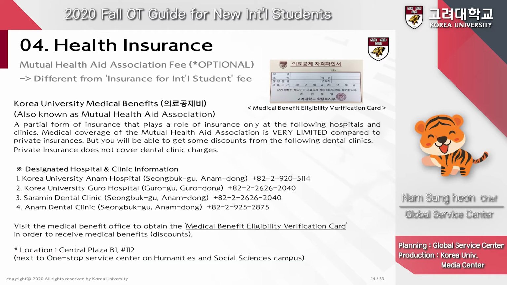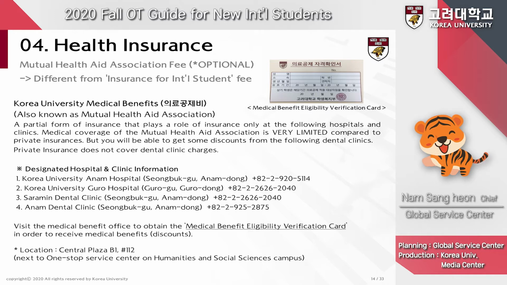Keep in mind that the Mutual Health Aid Association fee is optional and is different from the insurance for international student fee. If you pay the Mutual Health Aid Association fee, you will be able to receive medical benefits or discounts at the 2 designated dental clinics shown on this slide.